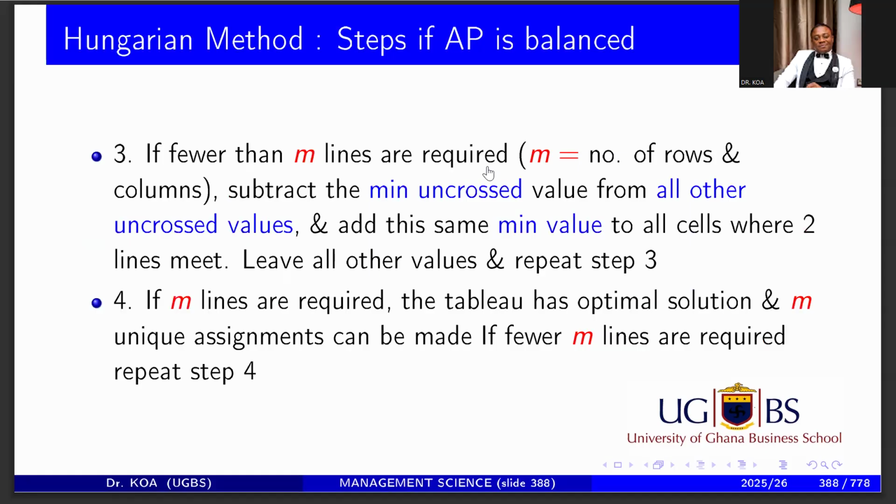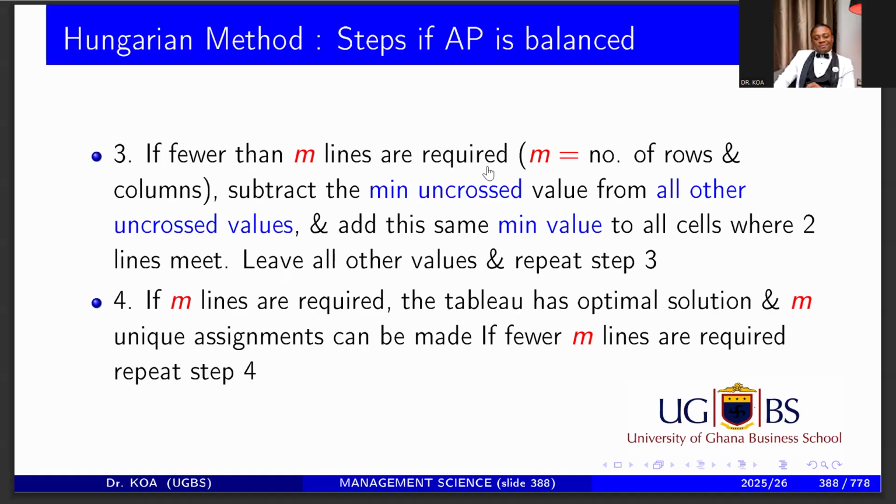If fewer than m lines are needed, subtract the minimum uncrossed value, the minimum of those that were not zeros, from all other uncrossed values and add this same minimum value to all the cells where two lines meet. This is the final step, but it's tough. And leave all other values and repeat the steps again.